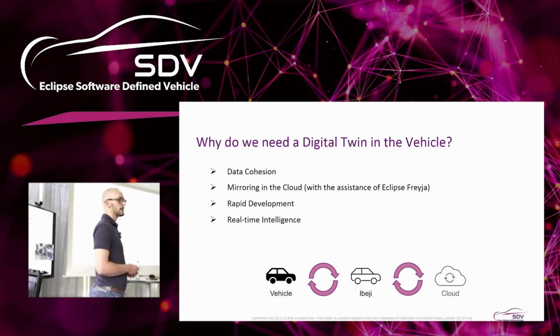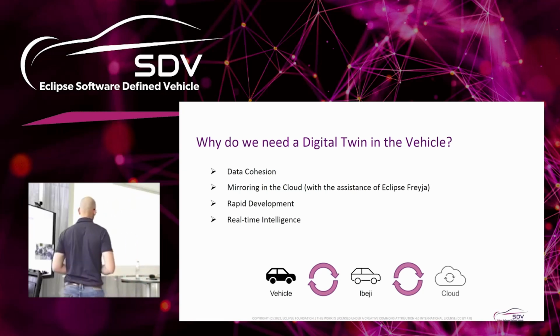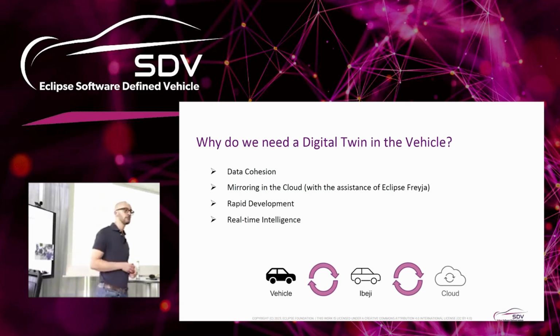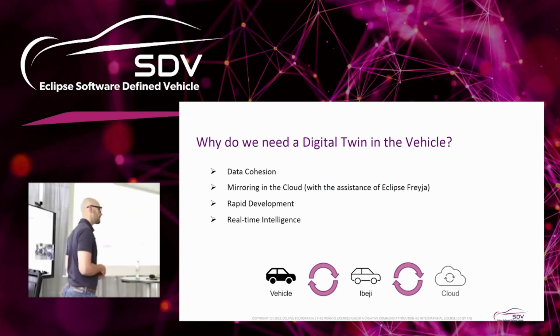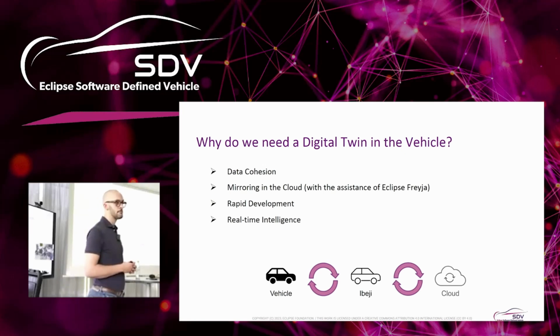The third point I'd like to mention is that a digital twin can help with rapid software development. If the producer of some information, the one who creates the hardware and the firmware, the sensors and the actuators, and the consumer of that agree upon a contract upon which they want to interact, a digital twin can be used as an abstraction layer between both parties.